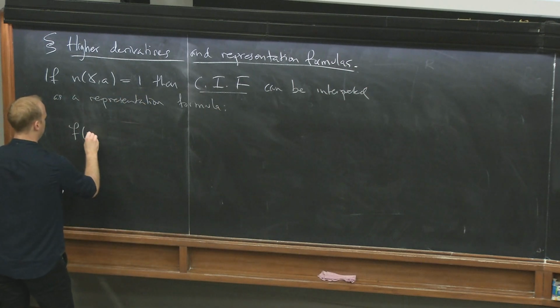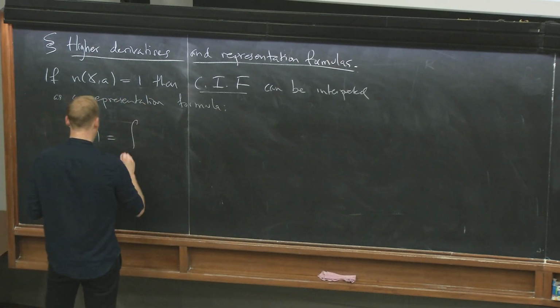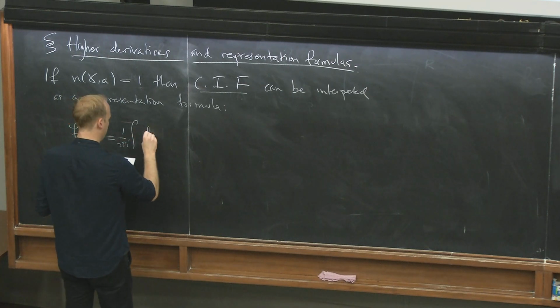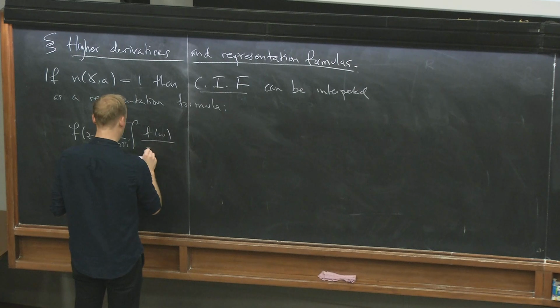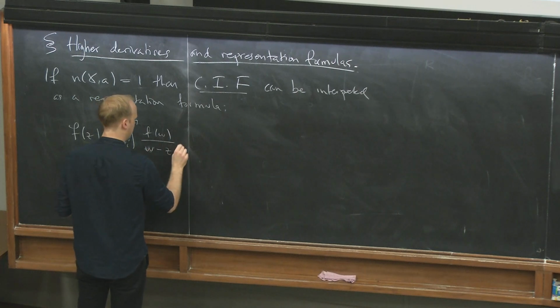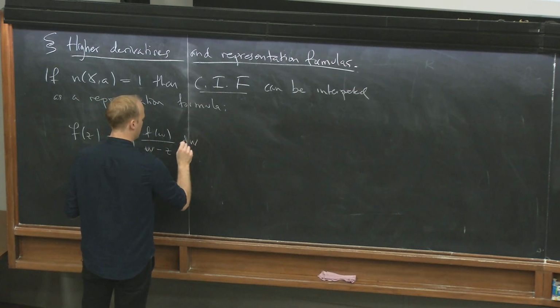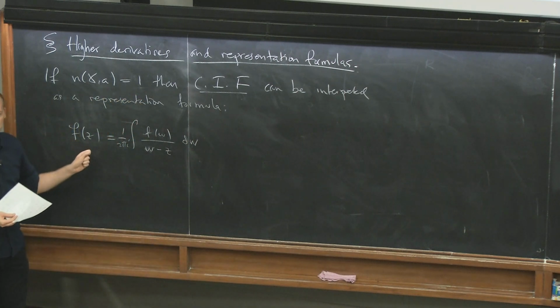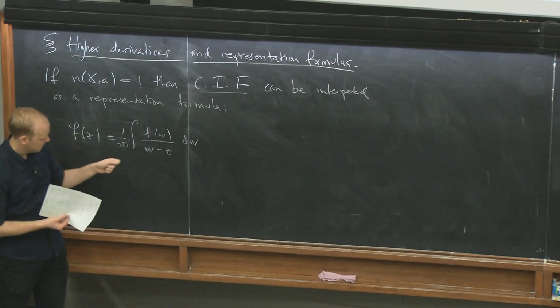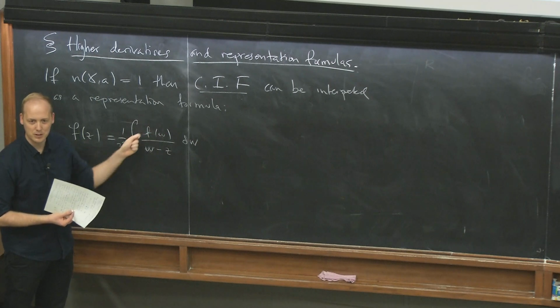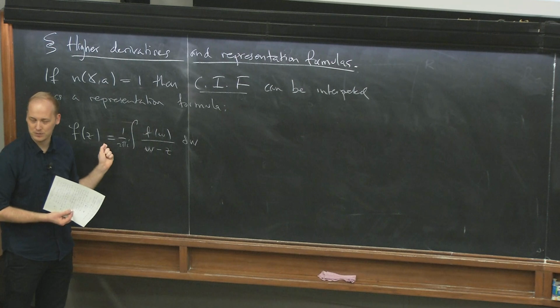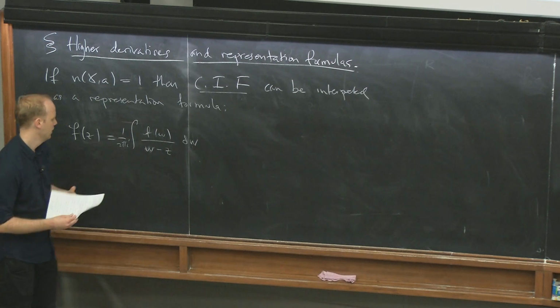And what I mean by that is the following: if I want the value of my function at a point, then I can integrate across some sort of kernel here and get out the value of my function.